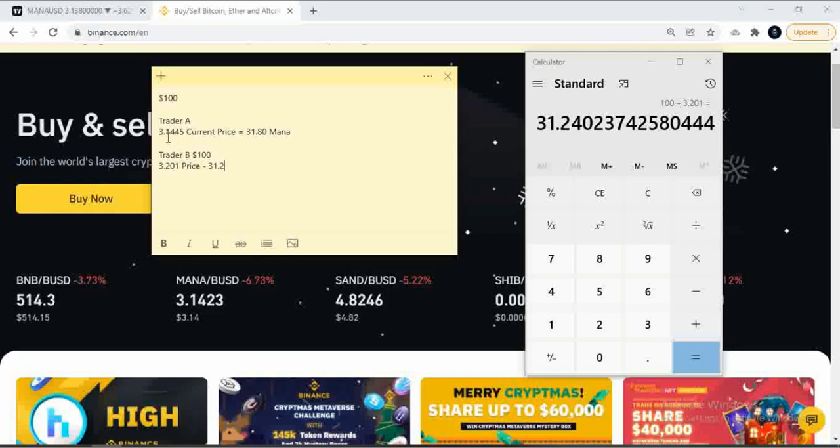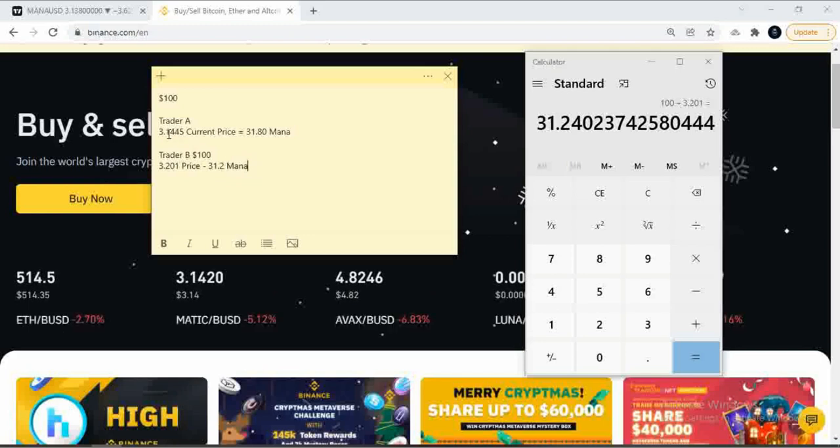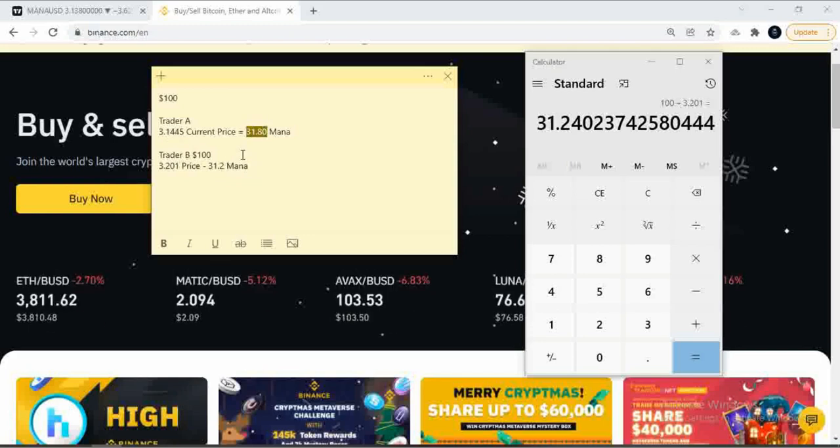So MANA moves from this to this, and he is only able to buy 31.2. Trader A bought at 3.1445 and was able to buy this quantity. Trader 2 buying at 3.2 was able to buy this quantity for the same value.